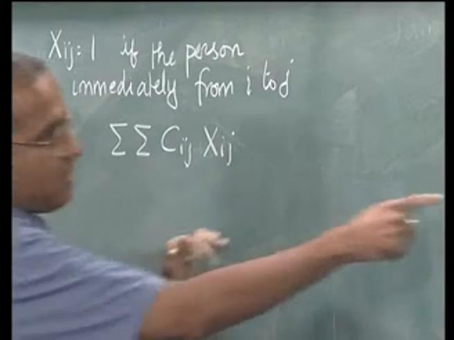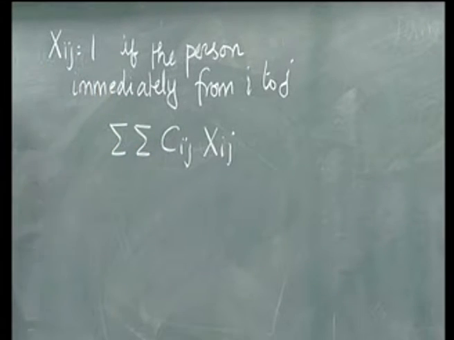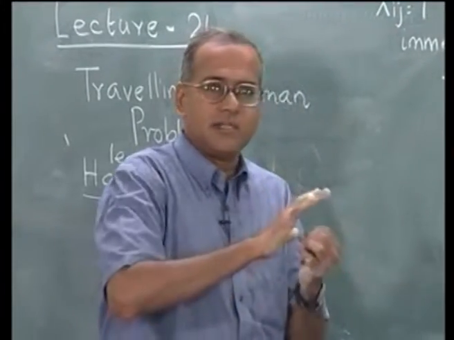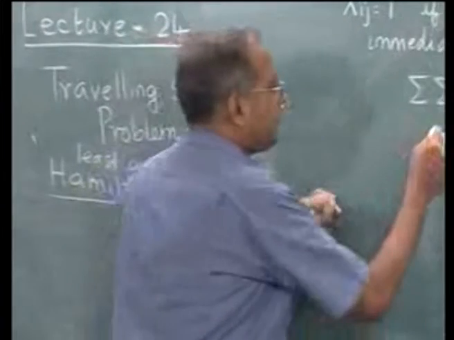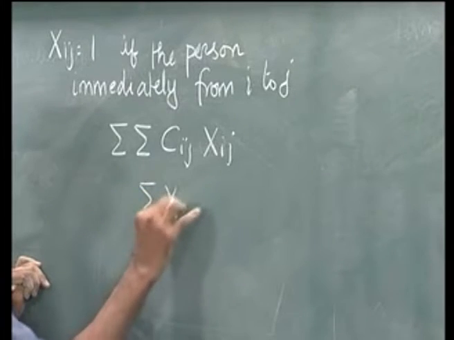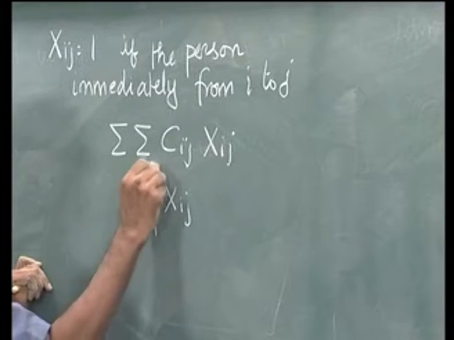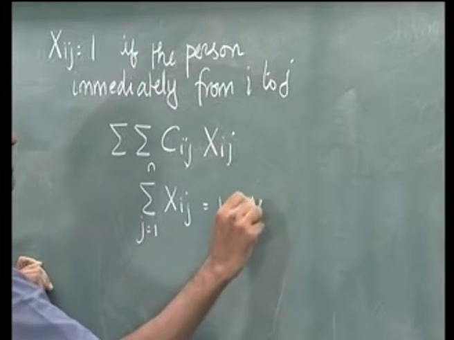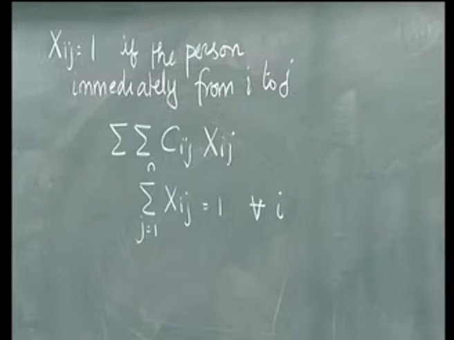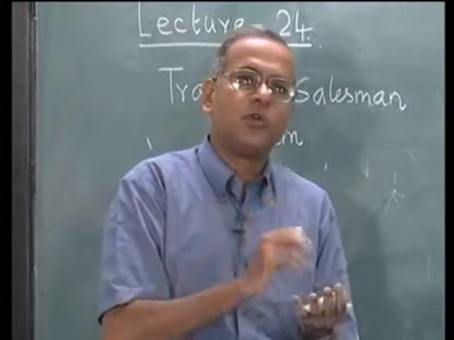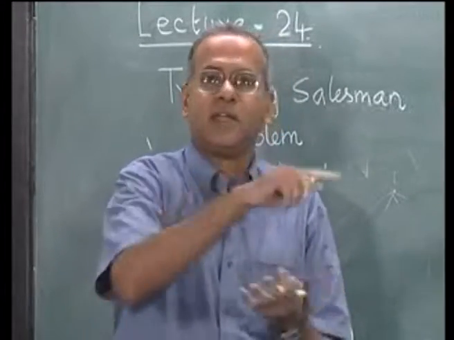Now, if we look at a 5 by 5 given by this data, the person has to leave from every city. So, we will have sigma Xij for j equal to 1 to n equal to 1 summed over all i. This means if I am in city i I have to go to some other city j and I go to only one out of the remaining cities.